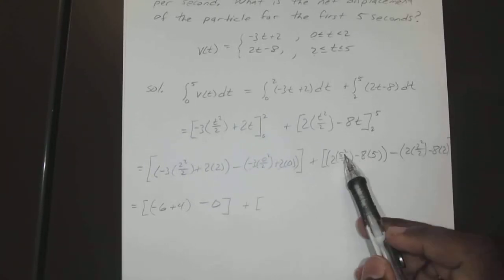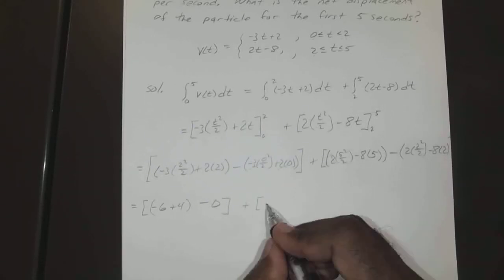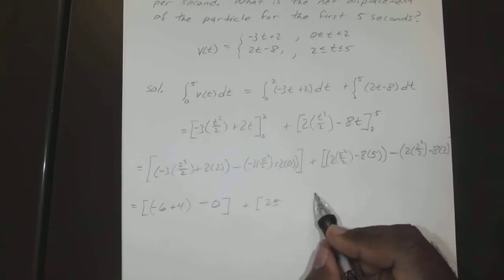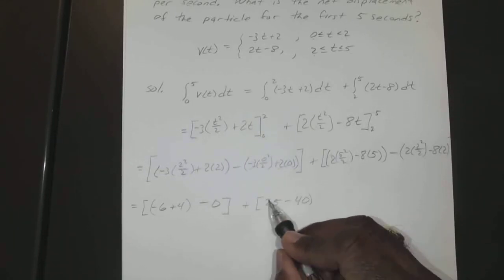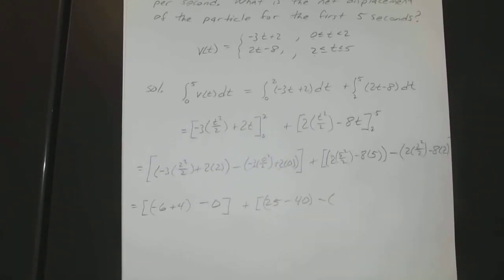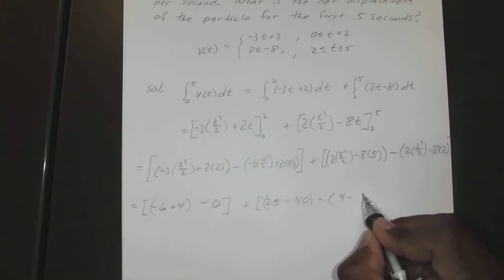Plus, these 2's cancel out, so that leaves you with 25 minus 8 times 5, which is 40. Minus, these 2's cancel out. So that leaves you with 4 minus 16.